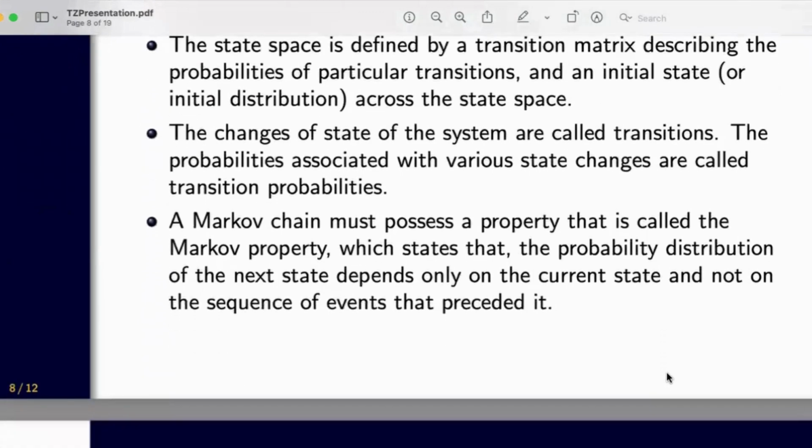The changes of the state of the system are called transitions. The probabilities associated with various state changes are called transition probabilities. A Markov chain must possess the Markov property, which states that the probability distribution of the next state depends only on the current state and not on the sequence of events that led to it.